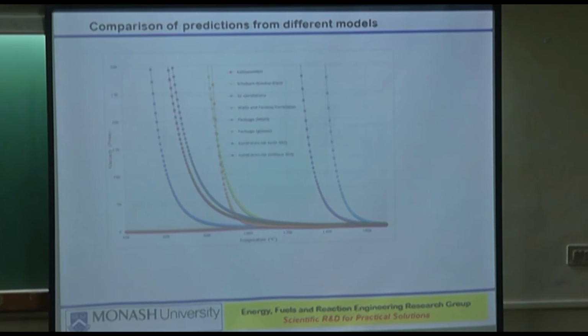So here you will see the different predictions: the S squared correlation, Watson-Faraday, Kalmanovich, Schubert-Streeter-Diel, FactSage melts and FactSage glasses, Kondratiev and Kondratiev-Jack, etc. And this is using the composition for one of our ashes.